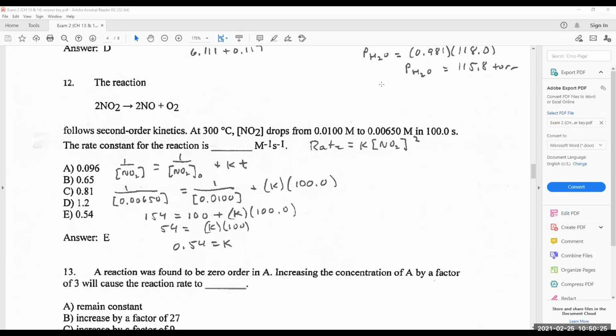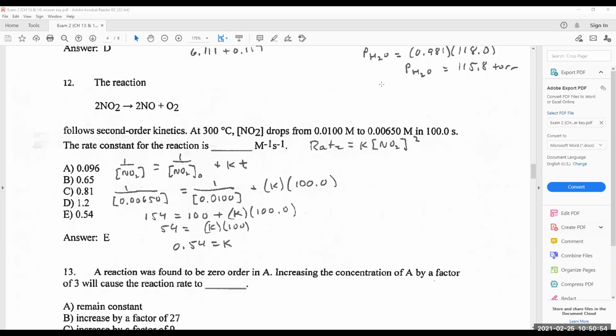So since it's a second order kinetics reaction, we know we want to use the formula where we have 1 over NO2 concentration at some time equals 1 over NO2 concentration at the initial time plus the constant times the time.